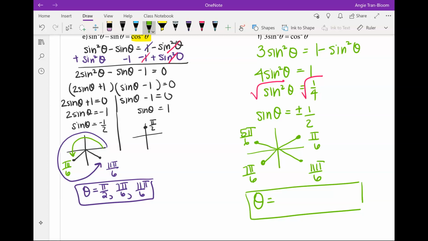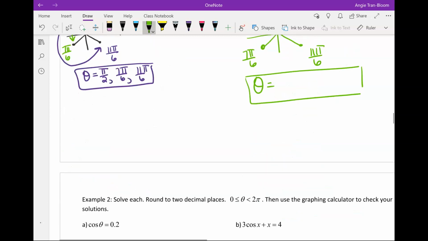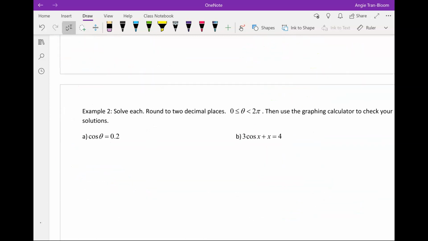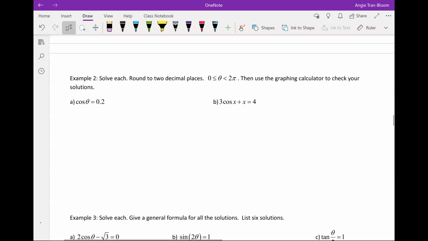Looks like some of you already have the answer to the first part. Don't go on to number 2, please. Just wait till the second part, okay? Let's review. Wait, don't go to B.